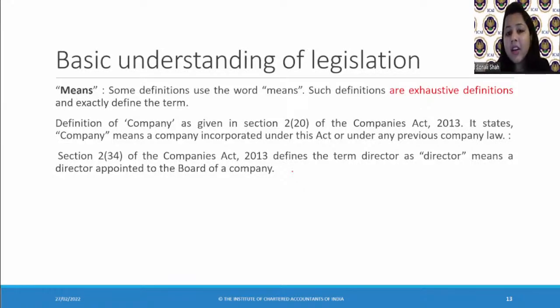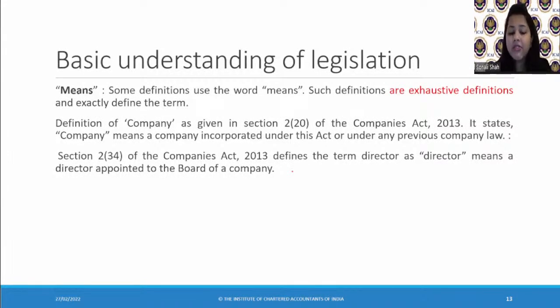So if you look at the definition of immovable property that was given in the Transfer of Property Act, it used to say immovable property does not include standing timber, growing crops, things like that. Correct? But when it says the word means, it specifically defines the term.